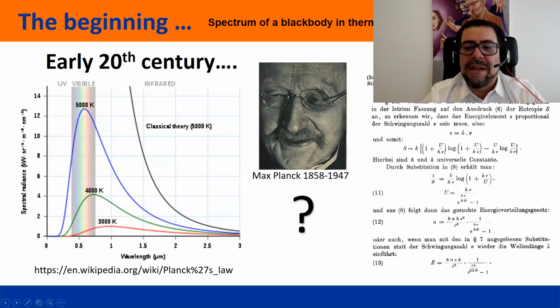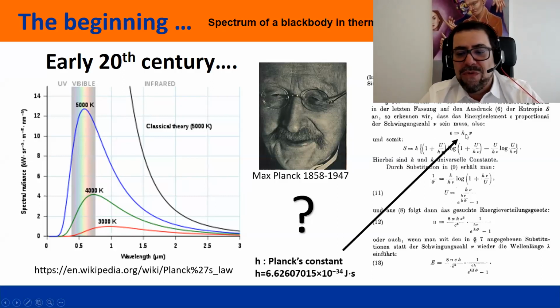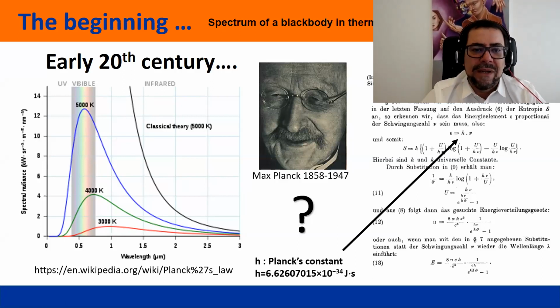In 1900, exactly at the beginning of the 20th century, he essentially could explain the black body radiation by assuming first that the energy was proportional to the frequency. And then for the first time, he introduced a constant that is now famously known as Planck's constant, and that the statistics associated with the electromagnetic energy was discrete.